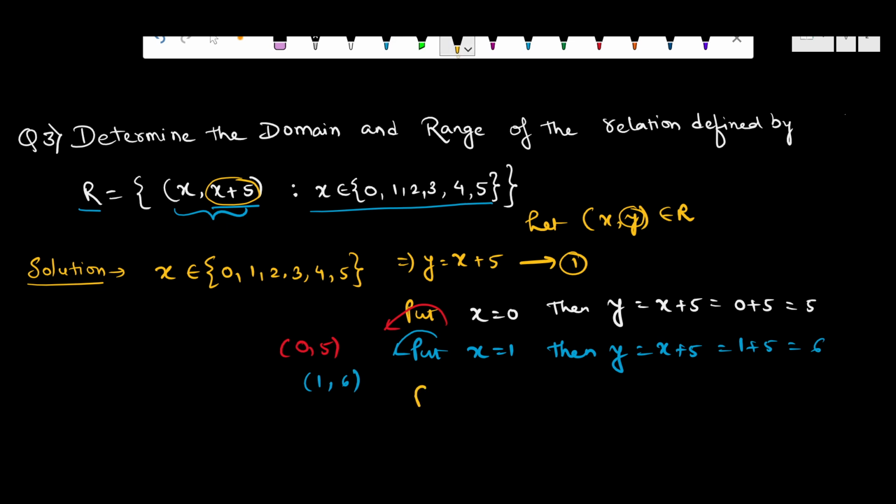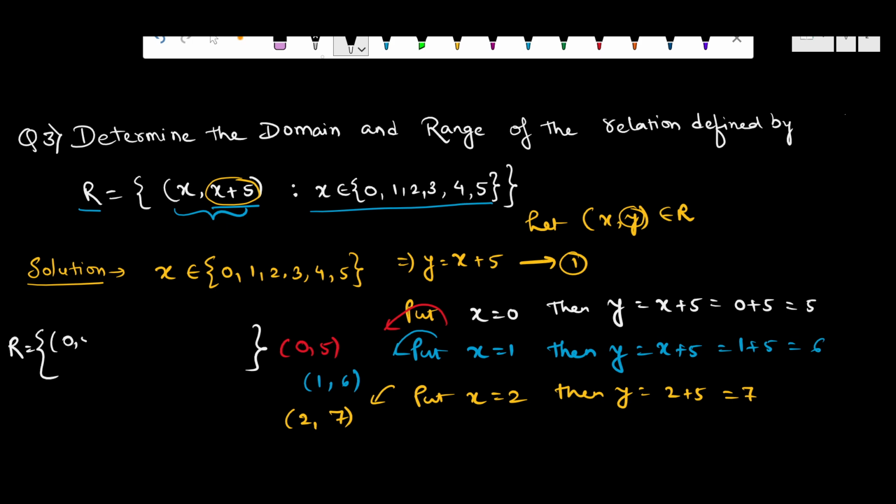Similarly, put x equals 2, then y equals 2 plus 5 equals 7. So we get the third pair as 2, 7. Basically, we are constructing R. So we have got the first element as 0, 5, second element as 1, 6, third element as 2, 7.